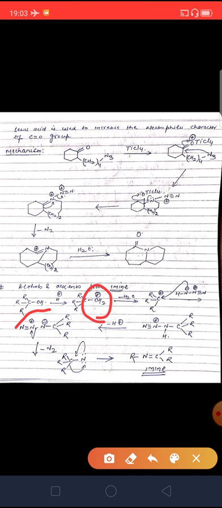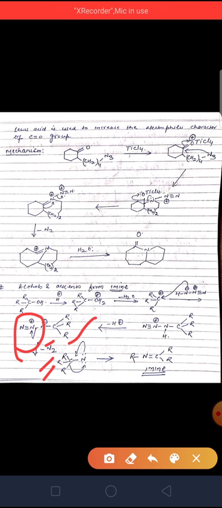Nitrene is synthesized from here, the H positive. When H positive is eliminated out, it will form N negative, and this N negative will remove this N2 from here. Molecular nitrogen will be eliminated out, and this will form the nitrene, and this nitrene will rearrange and will get converted into imine. So in this case, in case of alcohols and alkenes, imine will be the product of the Schmidt reaction.